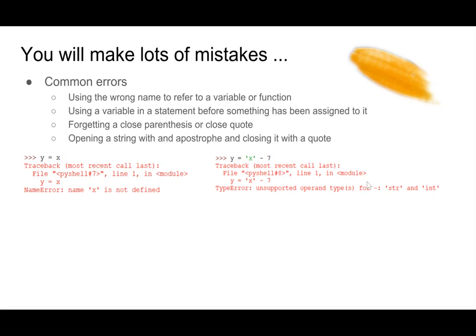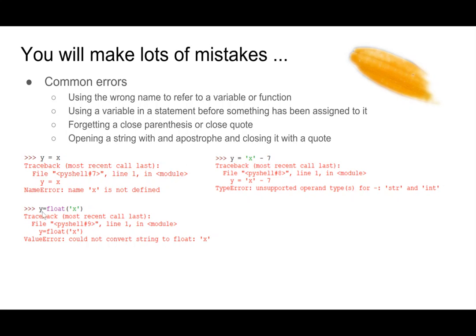Well, here I'm trying to do something that doesn't seem to be possible. I've got a character and I'm trying to subtract the number 7 from it. So it says unsupported operand type, which is the minus sign, for str and int. So that's not going to work out for us.